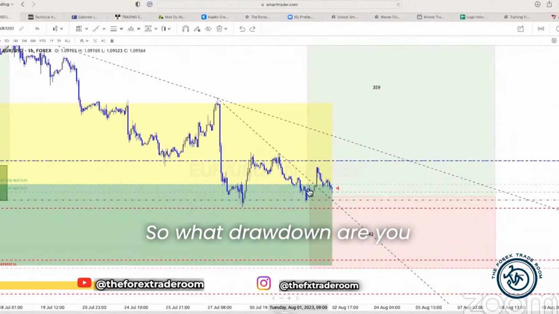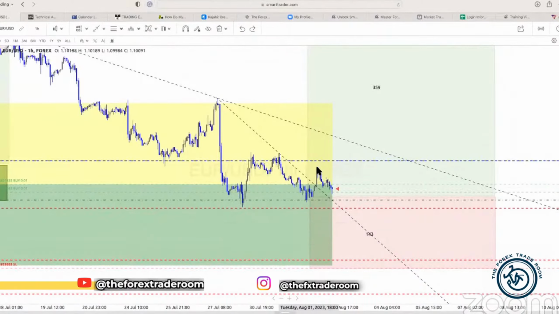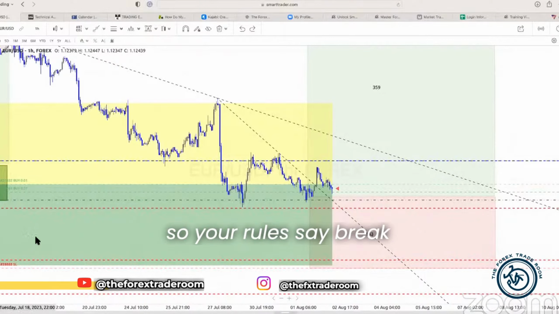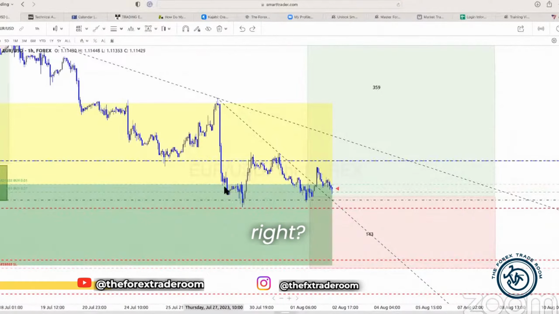So what drawdown are you concerned about entering off of the break of the trend line here? Okay. So your rules say break and retest, right? Or break and pullback. Is the retest the same as a pullback for you?